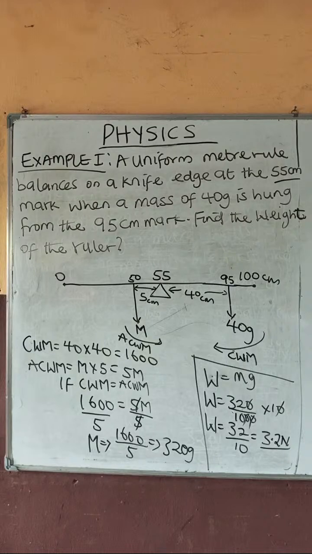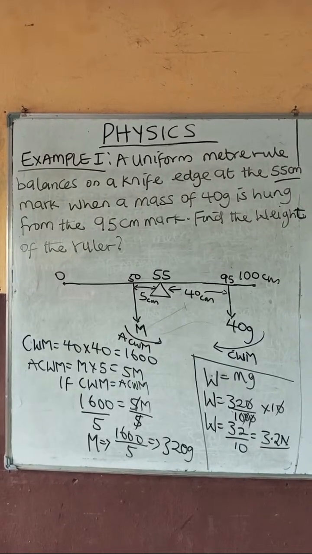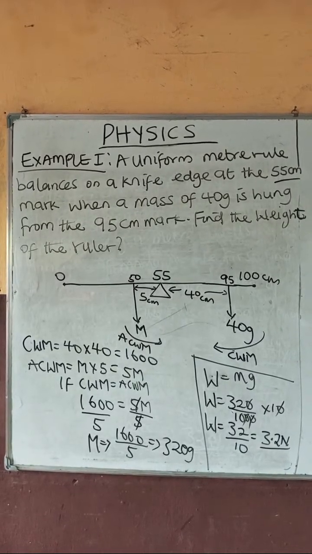What's the question? Why is 50 there? Okay, 50 is the balance point of a meter rule.